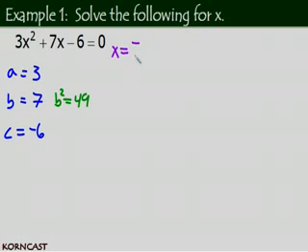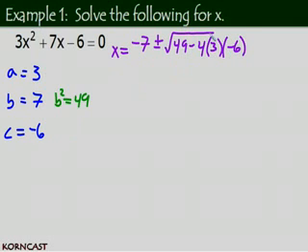Well, negative b, so negative 7, plus or minus square root, b squared, which I've already identified as 49, minus 4 times a, which is 3, times c, which is negative 6, all over 2 times a.